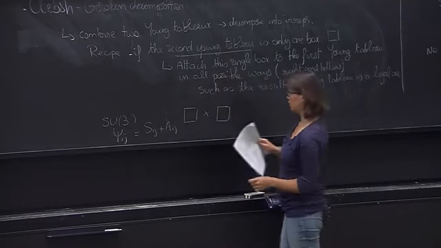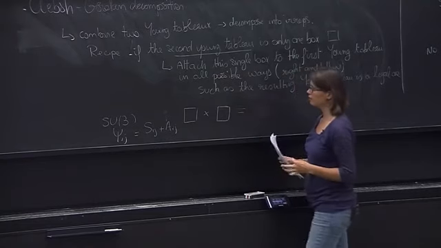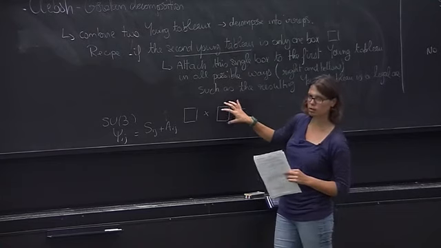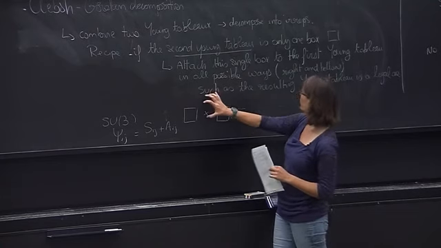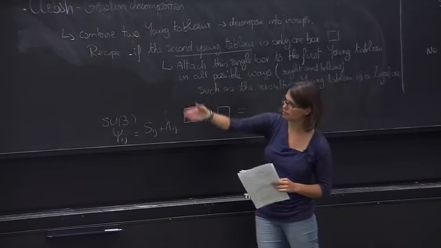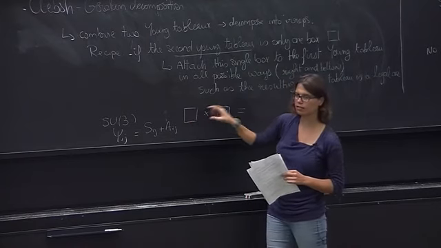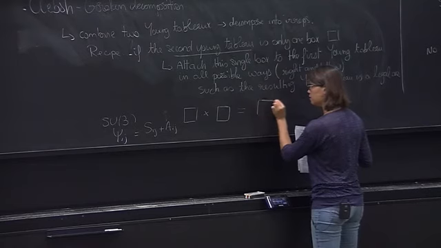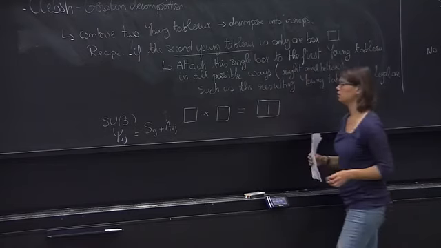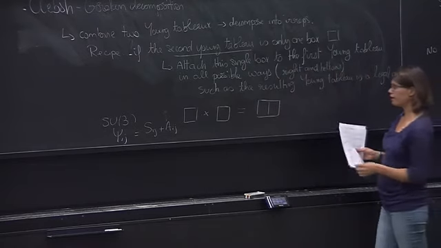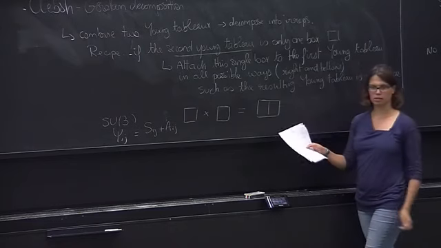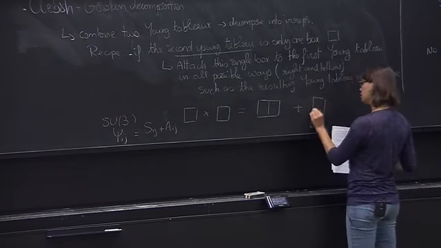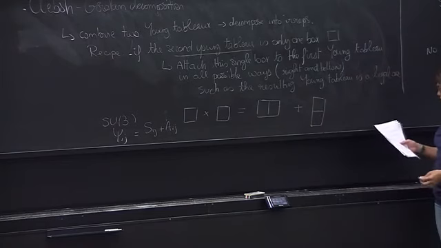Can we see that here? Indeed. I want to apply this recipe to these two boxes. The way I can glue them together is very simple because I only have two single boxes. The two allowed Young tableaux I'm going to get are exactly this one, which is a symmetric tensor, and this one, which is the anti-symmetric tensor.